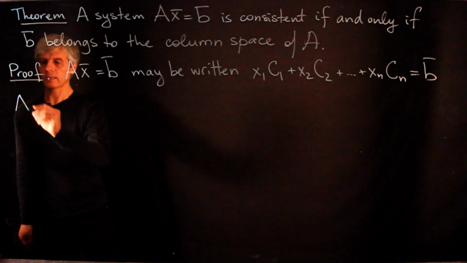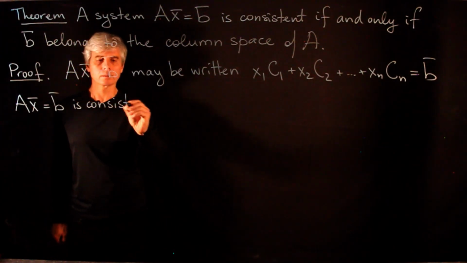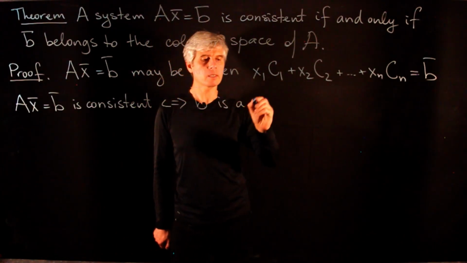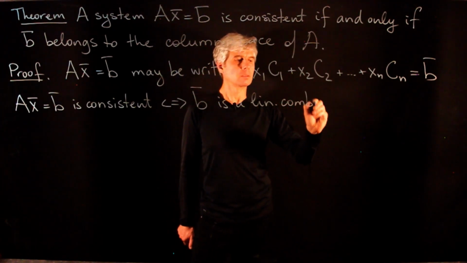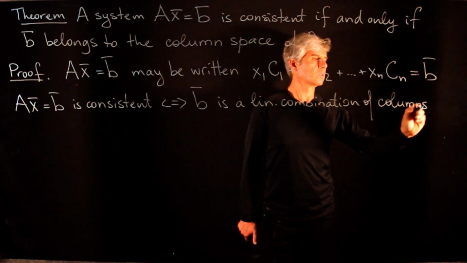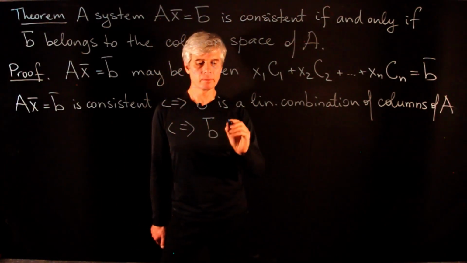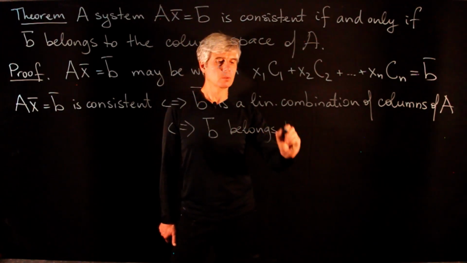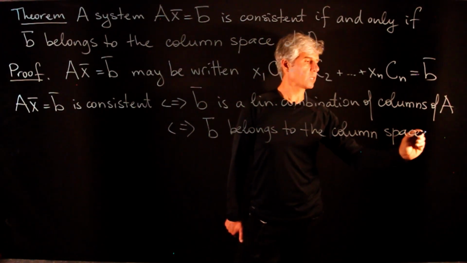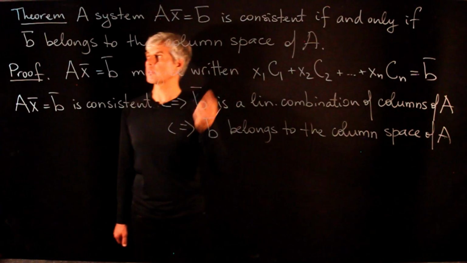So AX equals B is consistent if and only if B is a linear combination of columns of A, and this happens precisely when B belongs to the column space of A, because the column space of A is exactly the set of all possible linear combinations of the columns. And we prove this theorem.